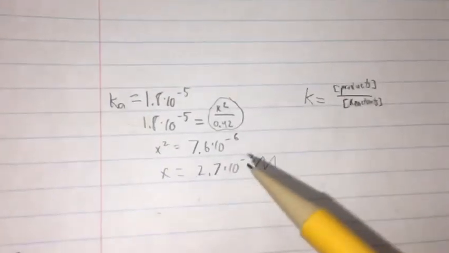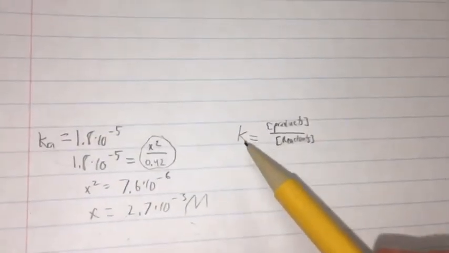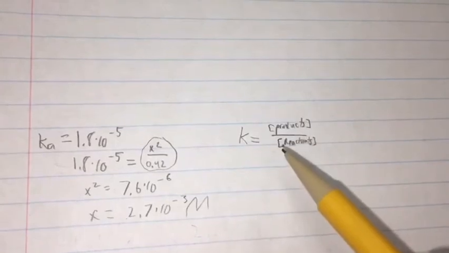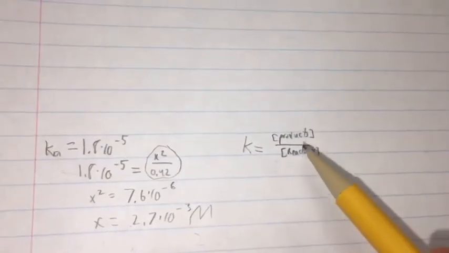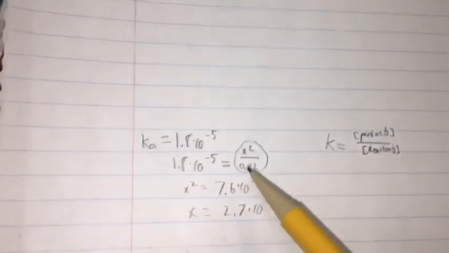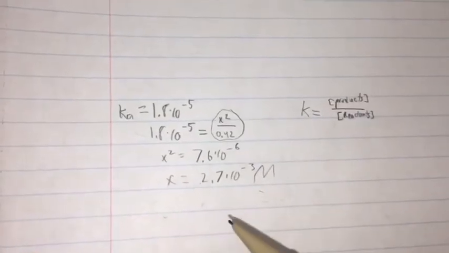So we're going to find x using the expression K equals the concentration of the products, which are multiplied by each other, over the concentration of reactants. You can see here we find what x is in molarity.